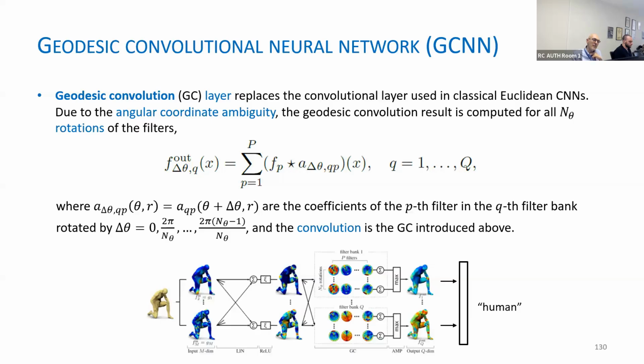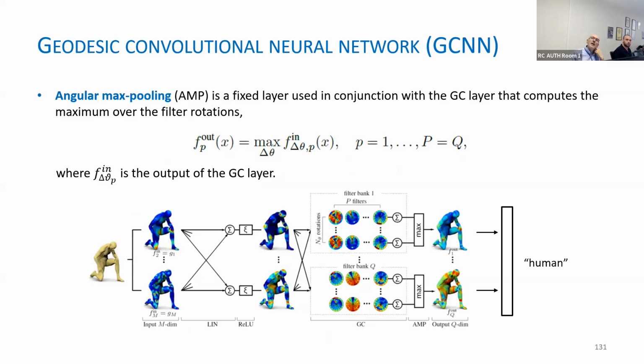So they perform convolution not just starting from a predefined direction, but they try a certain number of starting angles by sampling the neighborhood with different starting rotations. And so at the end, they have a bank of filters, because they repeated the convolutions using different starting rotations.